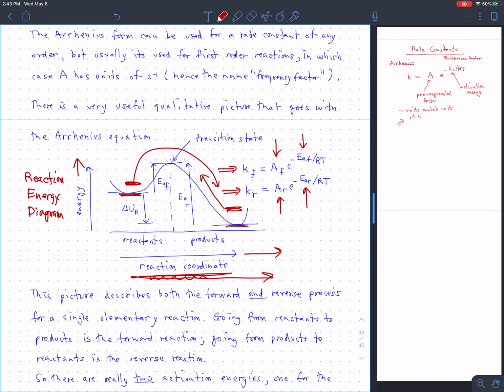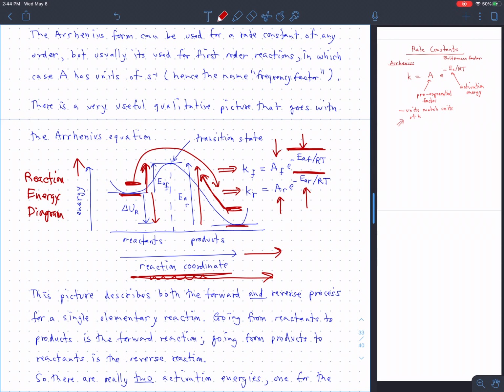Then the barrier on the reactant side will be smaller, and that means this exponential factor will be bigger going forward than if you're trying to go backwards, right? The barrier on this side is bigger, and this Boltzmann factor will therefore be smaller for the backwards reaction than for the forwards reaction.